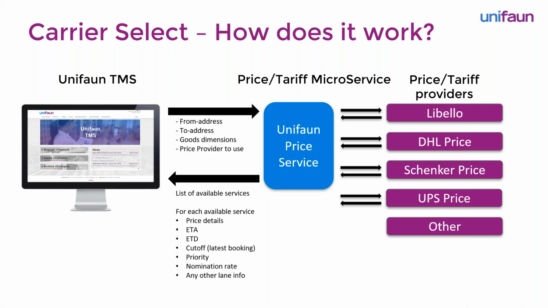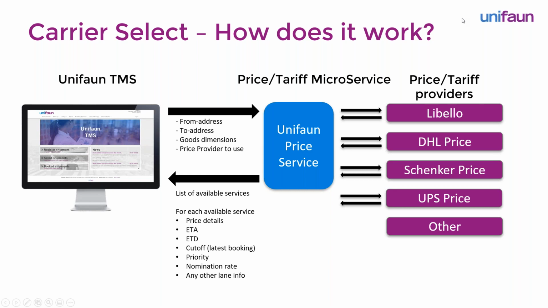Okay, so Carrier Select, what is it then? Now I've talked about it a lot, but just to be a bit more technical, maybe, Pelle, what is it? Yeah. So what we've done is we've used the microservice infrastructure, which basically means we built a service that is standalone. It does basically two things from the Unifaun TMS perspective.